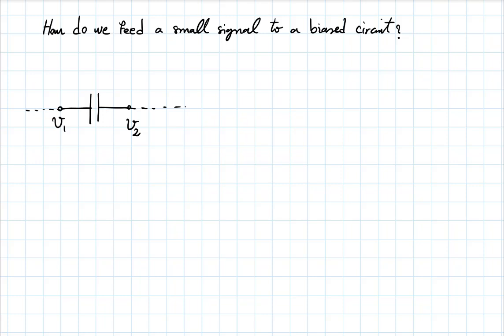And this is really, again, the subject of AC analysis. But the outcome of this discussion is that you can use a capacitor to couple a high frequency small signal to an otherwise DC circuit. Let's be more explicit.